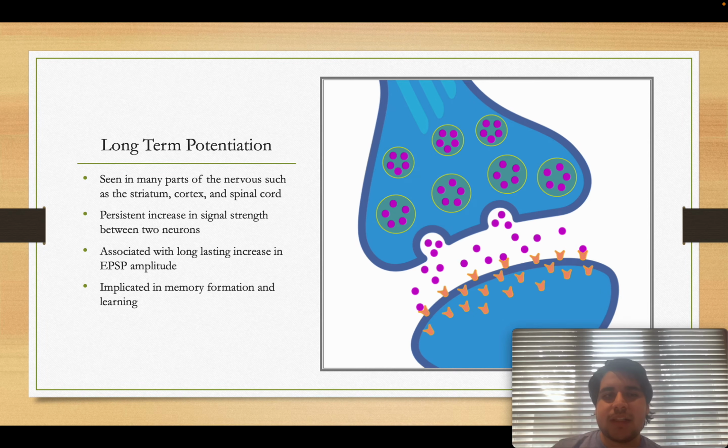To briefly describe what long-term potentiation is for those of you that don't know, it is a persistent increase in signal strength between two neurons.